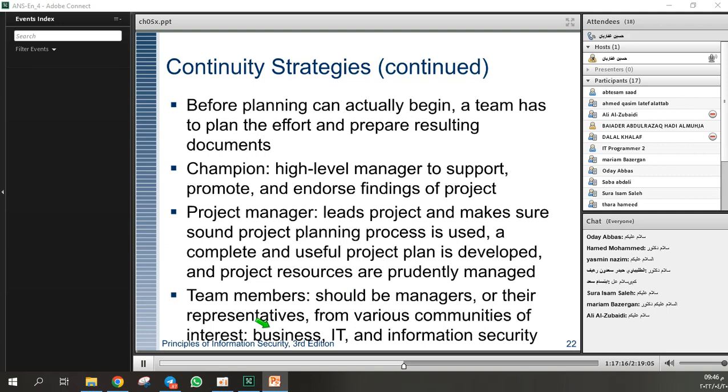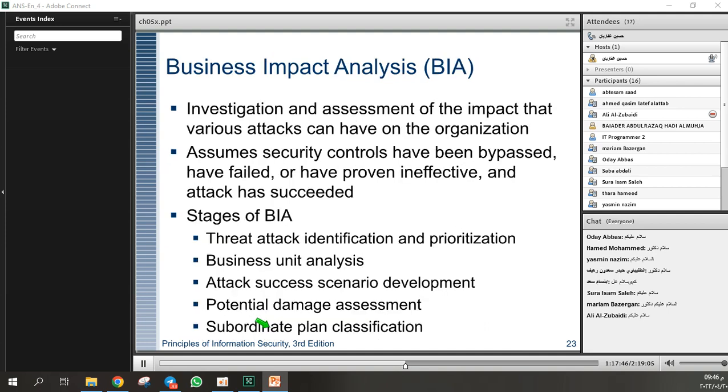Different people in different communities inside my company: people who are in the financial department, people who are in the security department, people who are in the IT department. Several communities of employees can join this team, can be members of this team.